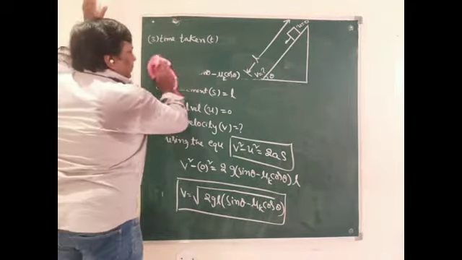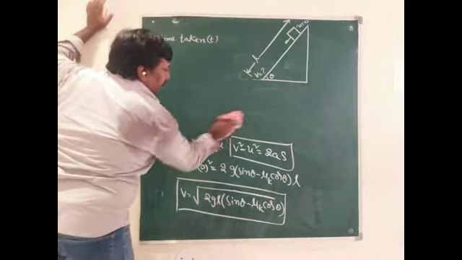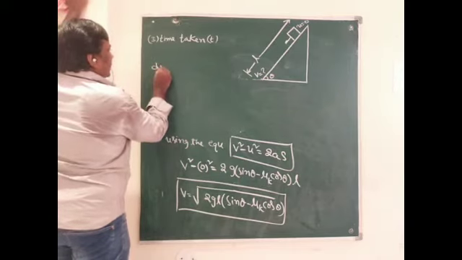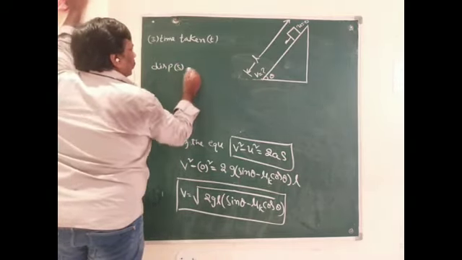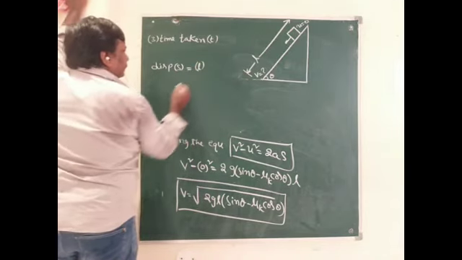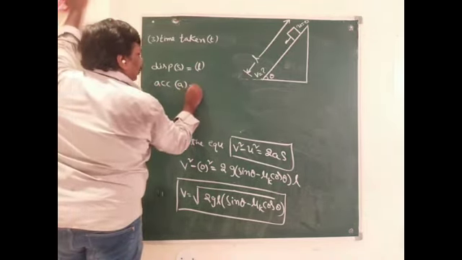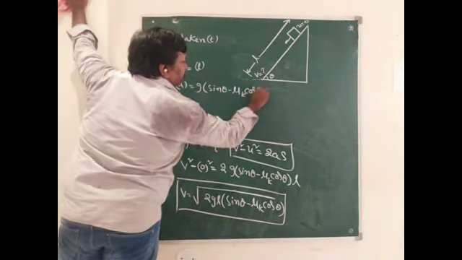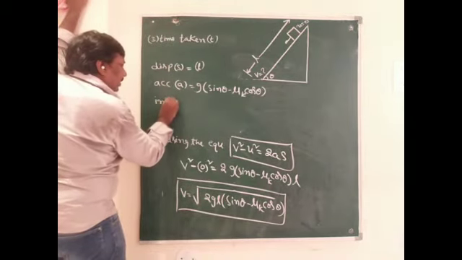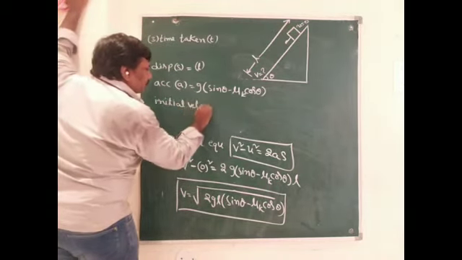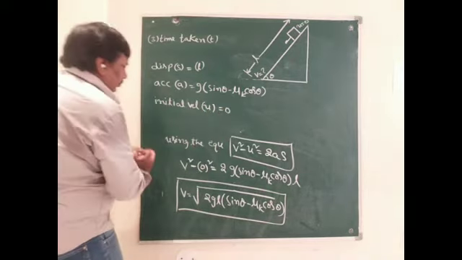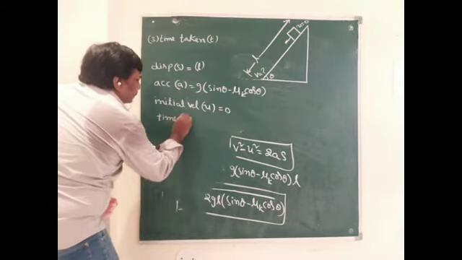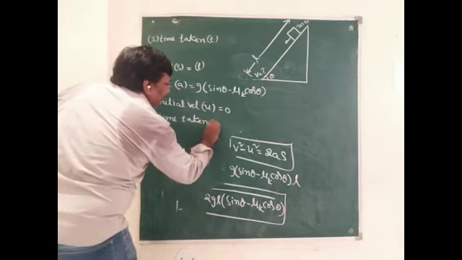Then the time taken is, so here the displacement is s equal to L, acceleration equal to g into sin theta minus mu k cos theta, initial velocity u equal to 0, and time taken t.